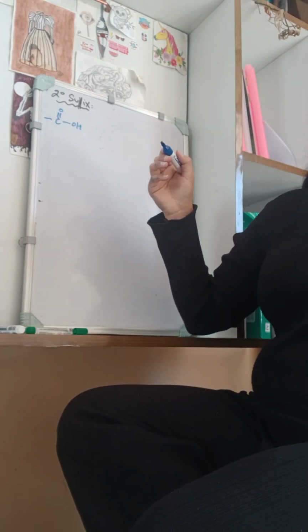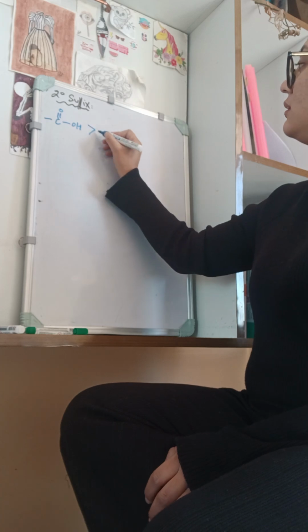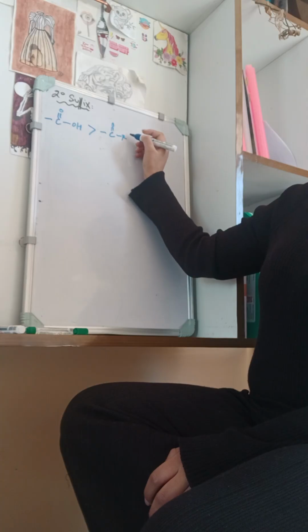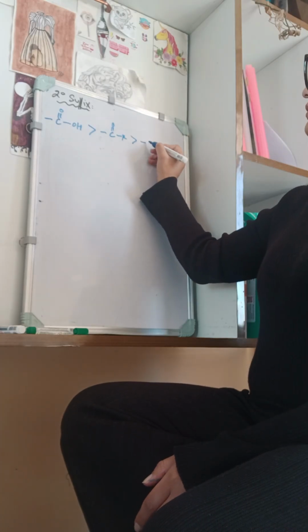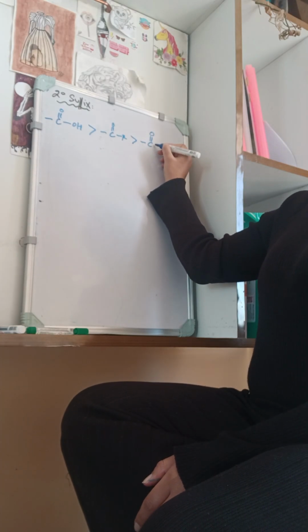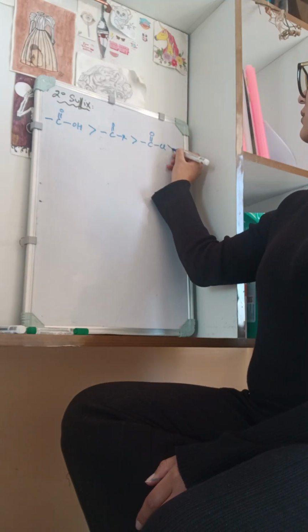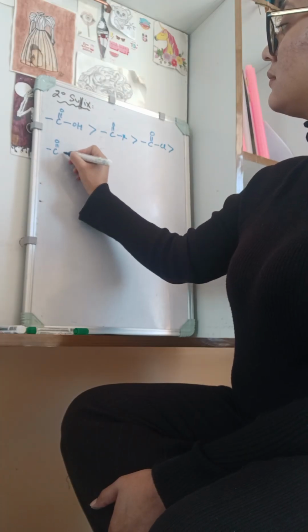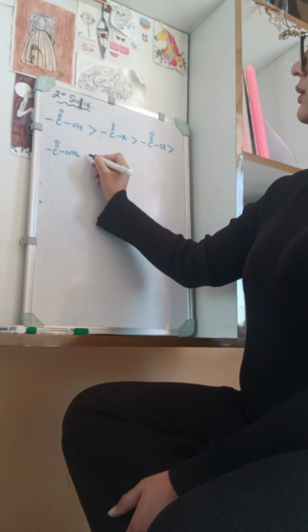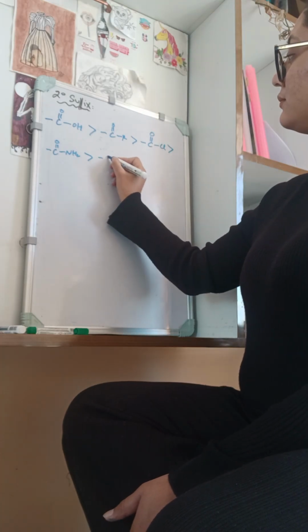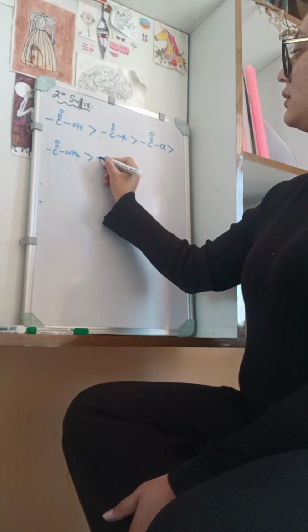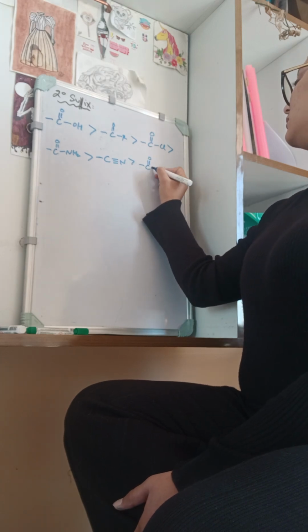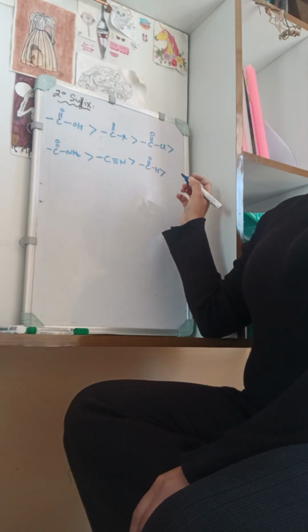Then we have ester. Then we have acyl. Then we have amide. Then we have cyano, triple bond N. Then we have aldehyde. And then we have ketone.